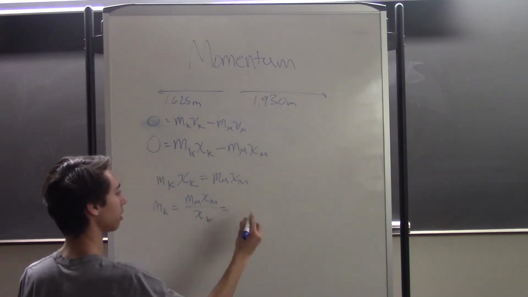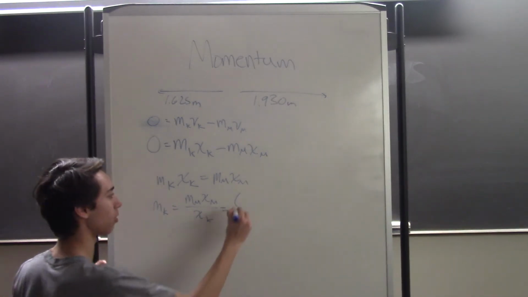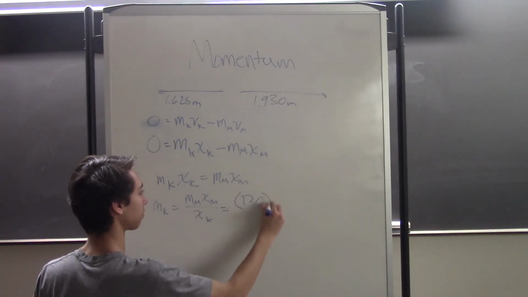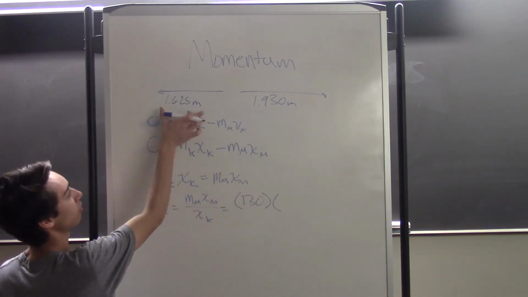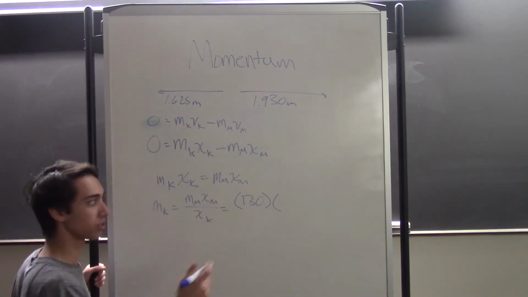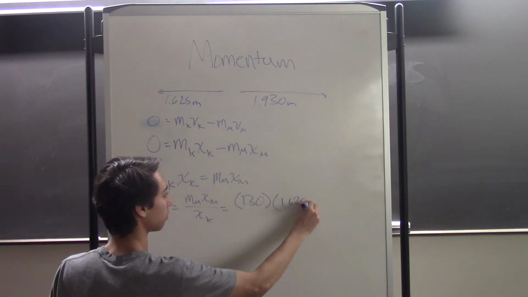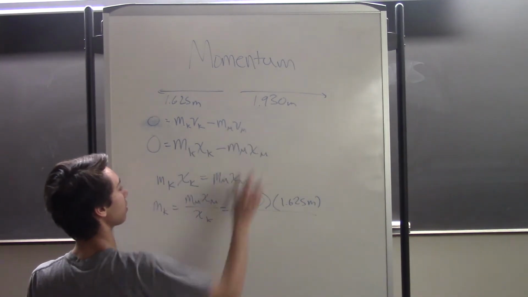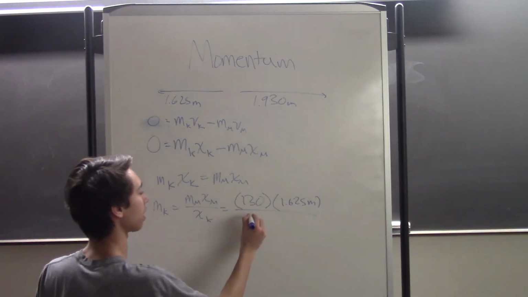Christy's mass should equal my mass, which is 130 pounds, times the distance I traveled, which is 1.625 meters, over the distance that Christy traveled, which is 1.930 meters.